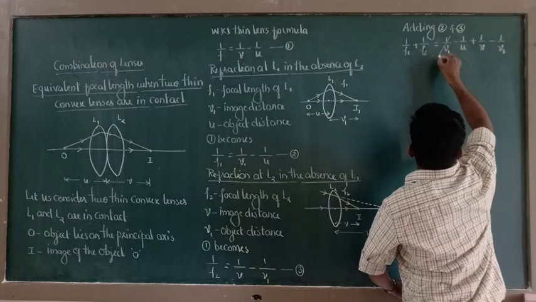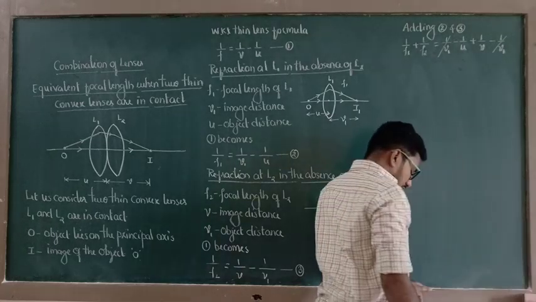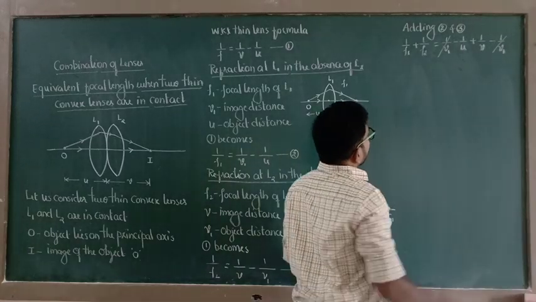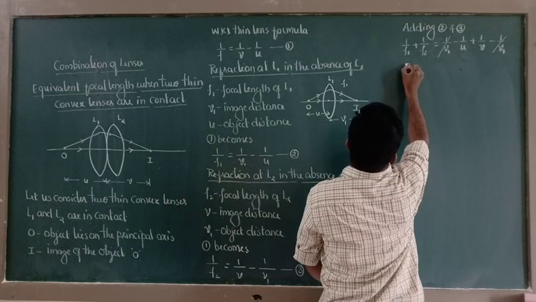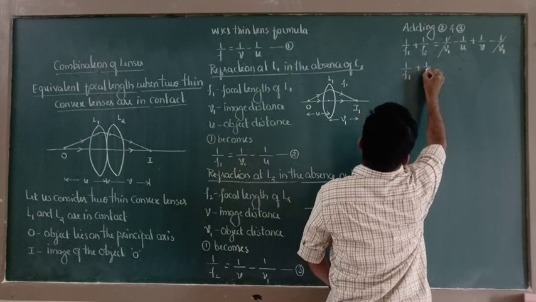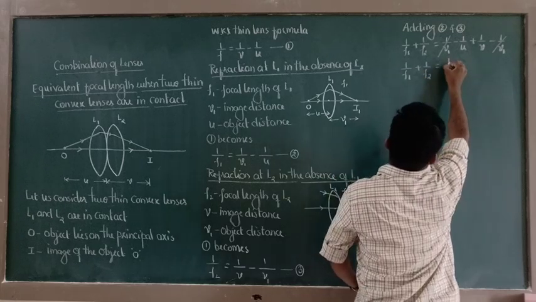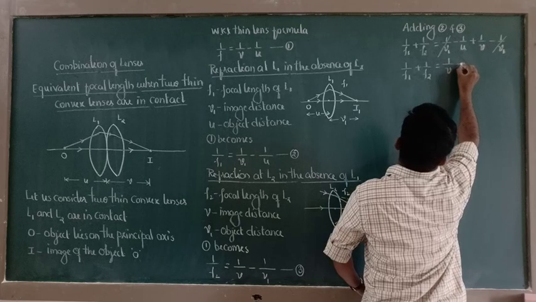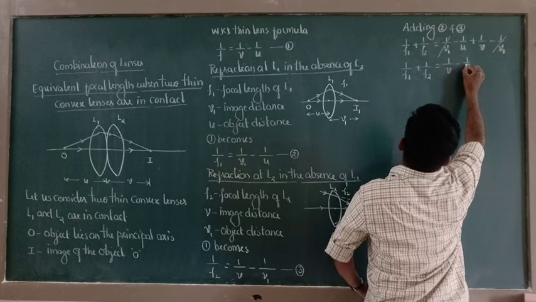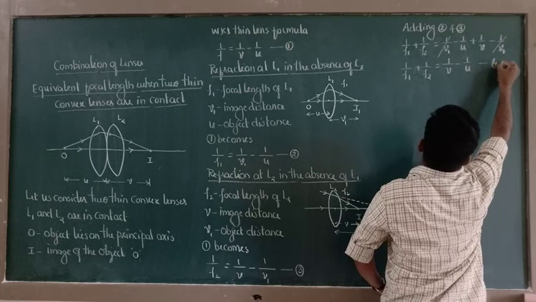Plus 1 by V1 and minus 1 by V1 get cancelled. So 1 by F1 plus 1 by F2 is equal to 1 by V minus 1 divided by U. Equation number 4.